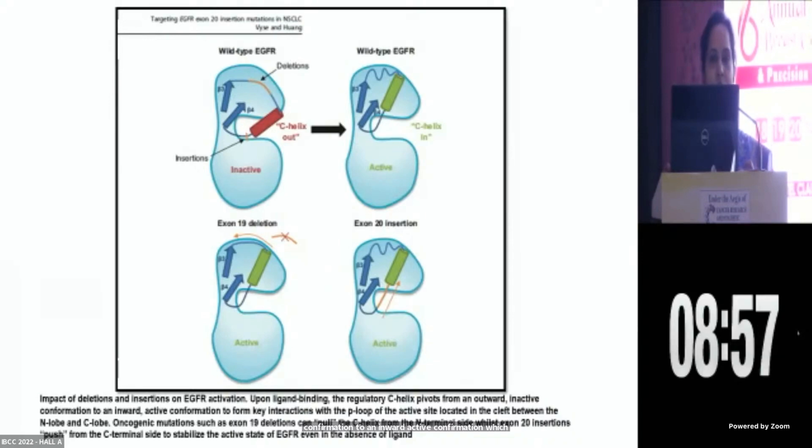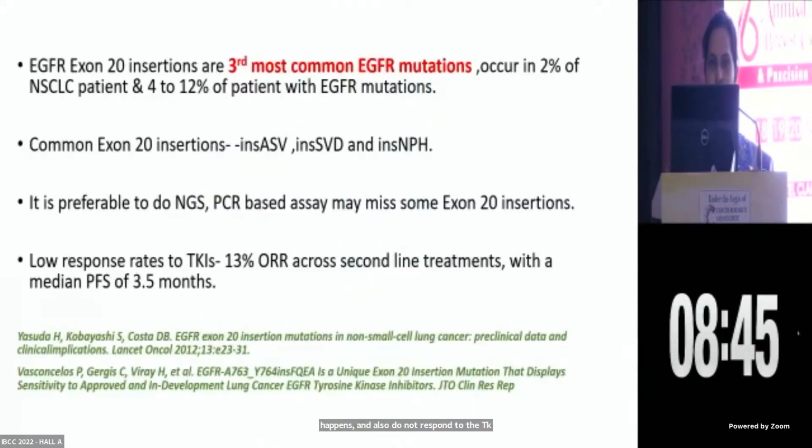So these mutations are not sensitive to the usual EGFR stimulation, and also do not respond to the TKIs. Overall, these are the third most common EGFR mutations, occurring in less than 5% of NSCLC patients and 4 to 12% of patients with EGFR mutations.